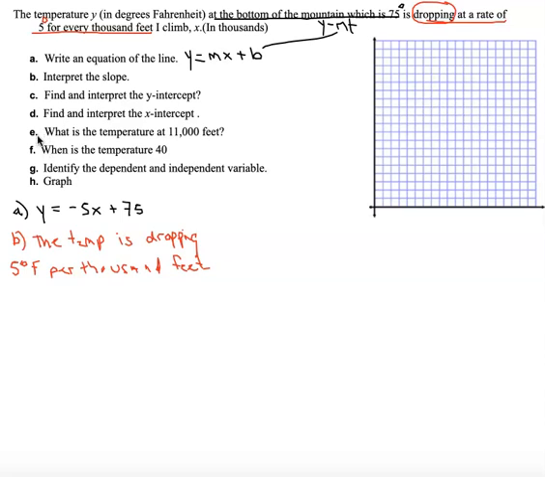Part C says find and interpret the y-intercept. So two parts of this. Find and interpret. First off, what is the y-intercept? We identified that already. So 75 is the y-intercept. Now what does it mean?